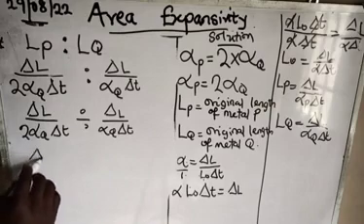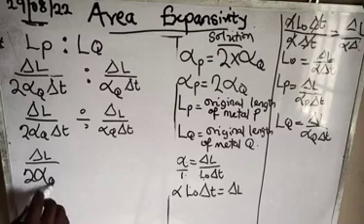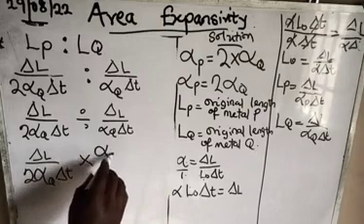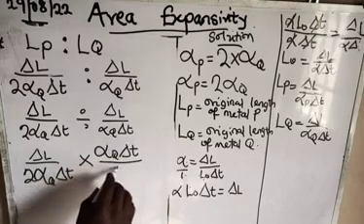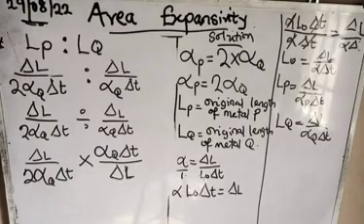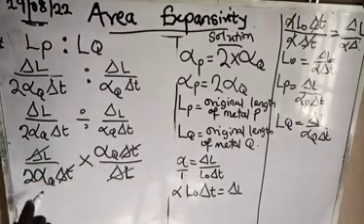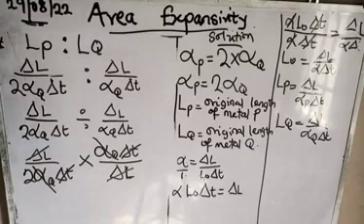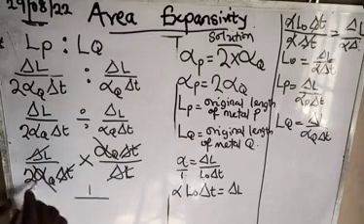I have change in L all over 2 alpha Q change in T times alpha Q change in T all over change in length. Now something can cancel out. Change in L cancels change in L, change in T cancels change in T, and alpha Q cancels alpha Q. So I'm left with 1 all over 2.